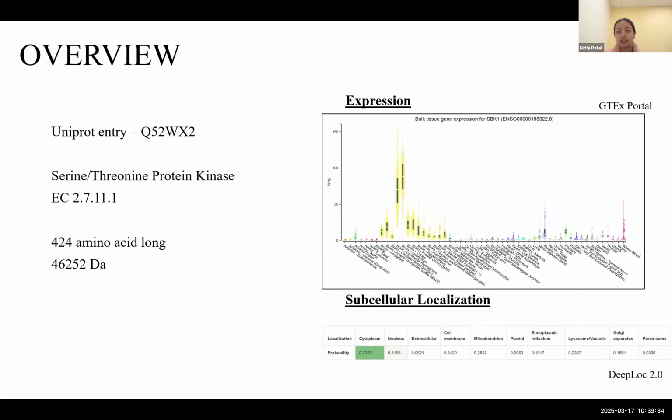As for its primary expression, it is primarily expressed in the brain, but it is also present in the prostate, adrenal glands, and skeletal muscle at low levels, as shown on this image here on the right. And for subcellular localization, it is present in the cytoplasm majorly, but there are some predictions of it being present in the nucleus as well.